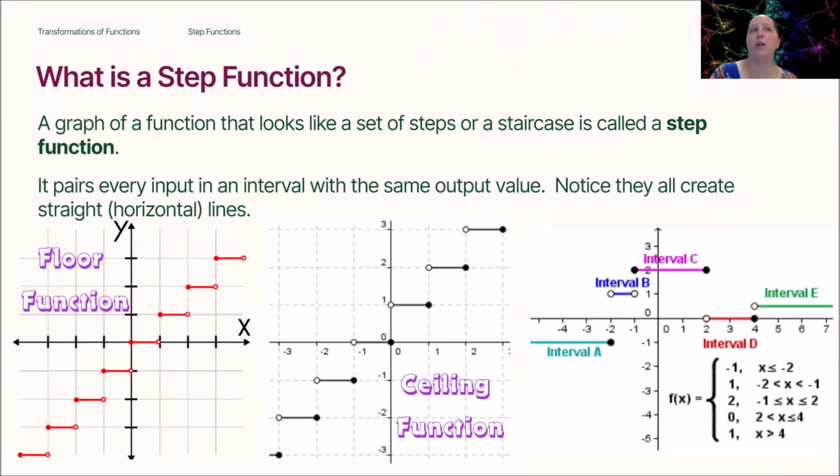Notice that they all create straight horizontal lines. I could have a floor function where my lower value is the one that's included and my higher value is not included. I could have ceiling functions where my lower value is not included and my higher value is included. Or I could have a mixed bag, which is what this one is over here. So I've got A, B, C, D, and E.